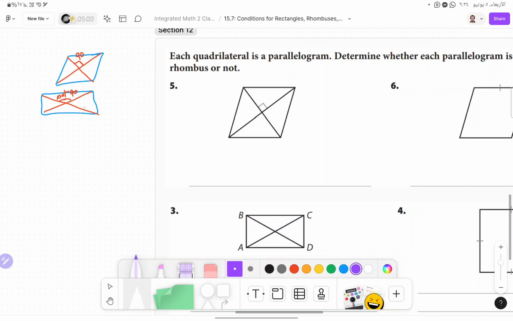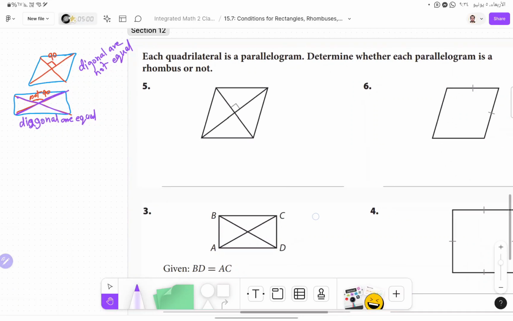Also the diagonals, this one here and this one here, the diagonals of the rhombus are not equal.